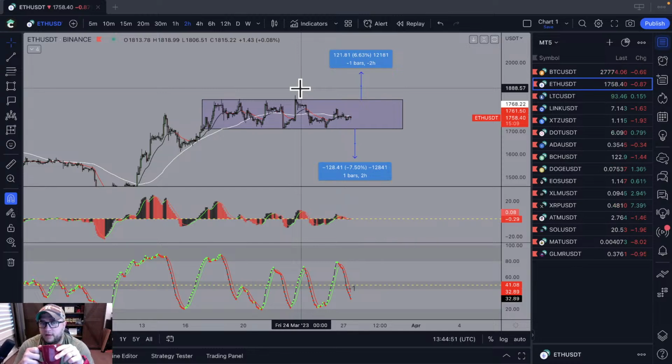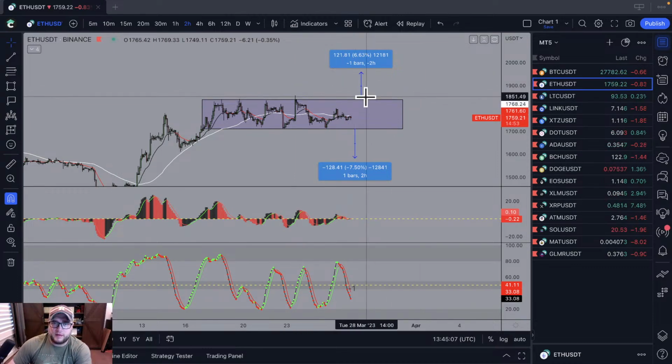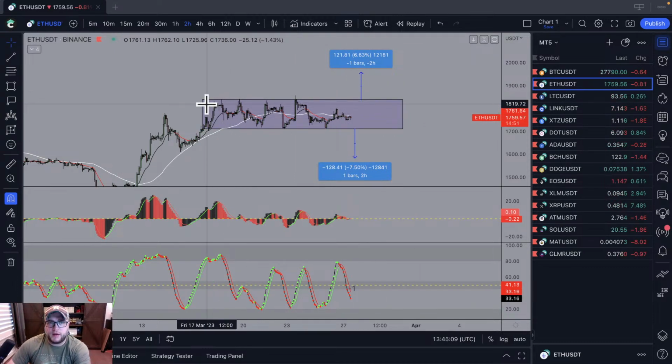But the theory is that the way that it came in is the way that it's going to go out, and that does happen about 50% of the time. So just be cautious of that. It will break out and retest it though, so that's where you want to get your entry.